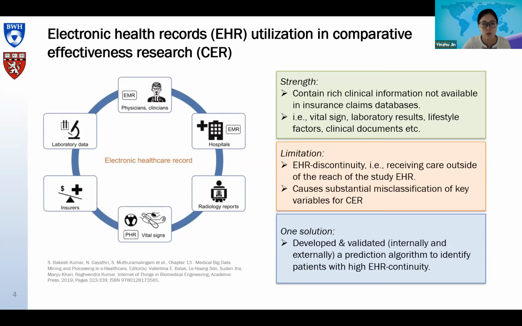While one possible solution is to link the EHR data to another data source like insurance claims data, such linkage is often not feasible. So we previously came up with a prediction model to identify patients with high EHR data continuity, with predictors that are available in a typical EHR system.